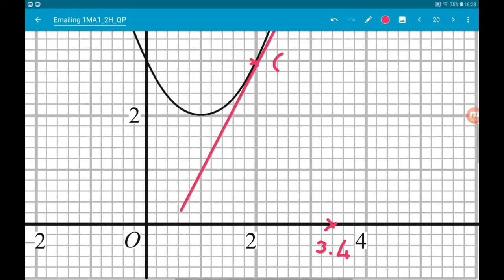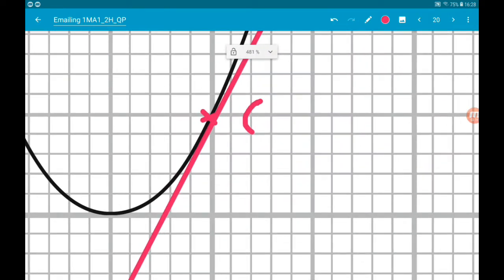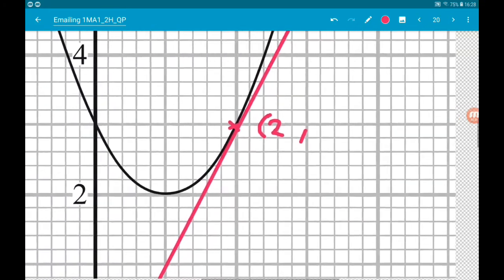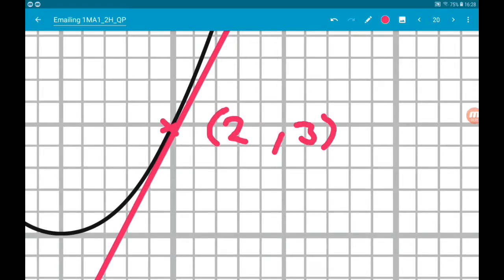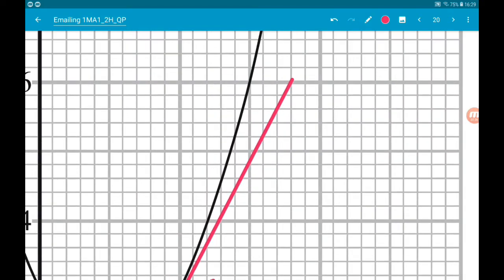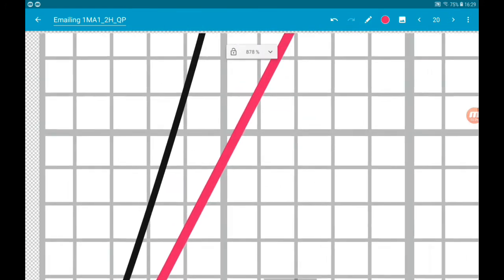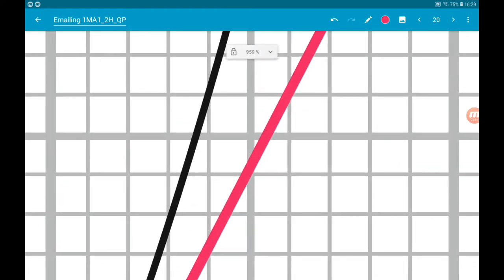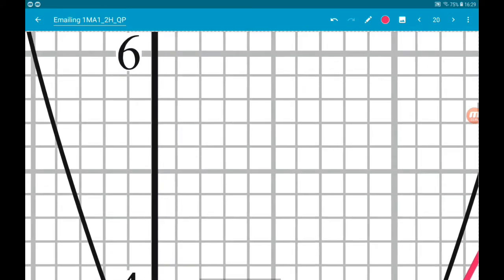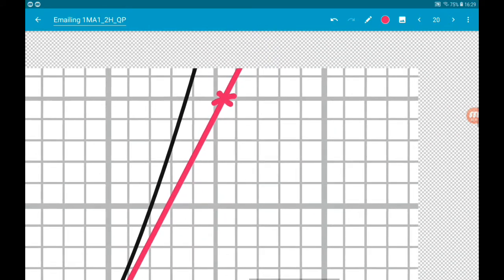So we know the x coordinate is 2 and the y coordinate is 3. Now, ideally, we need to find another point with nice-ish coordinates. So, because it's an estimate, we'll be alright using this point. So the y coordinate, this guy would be 5.